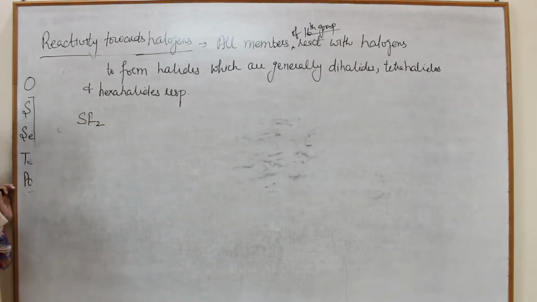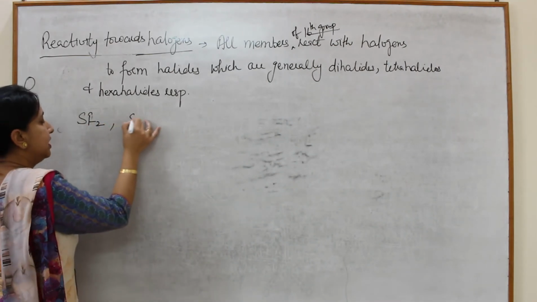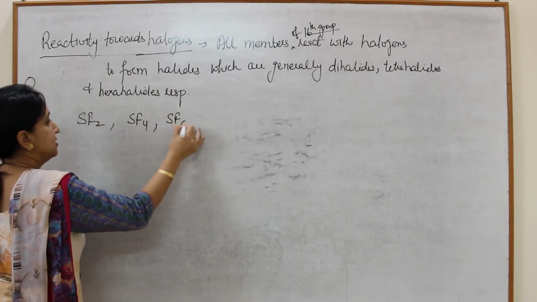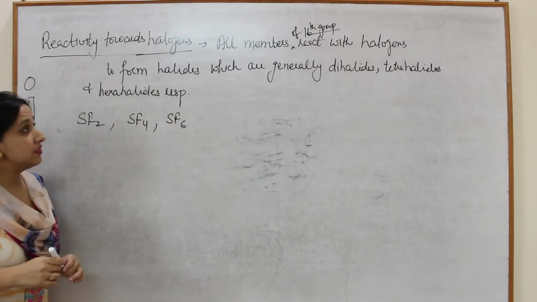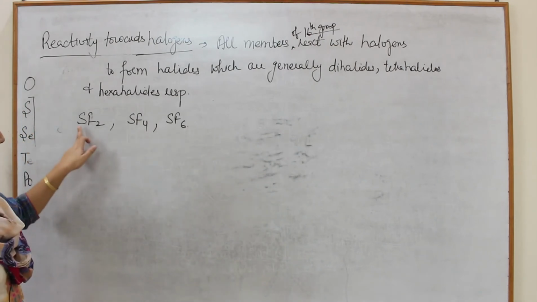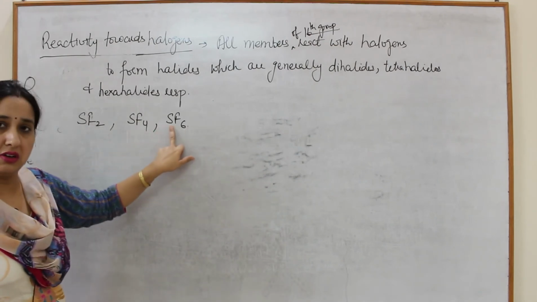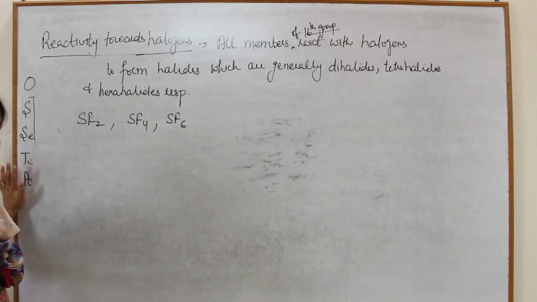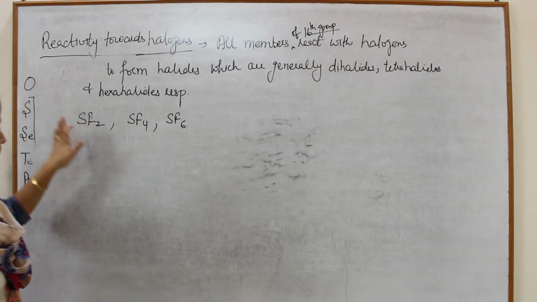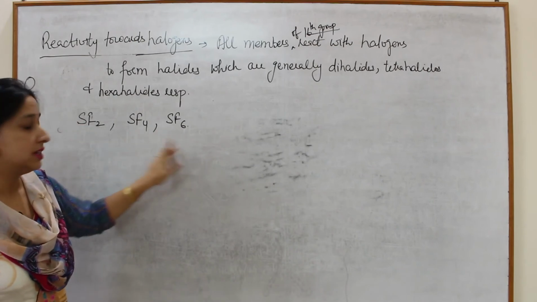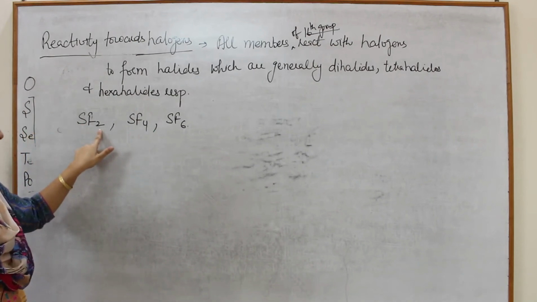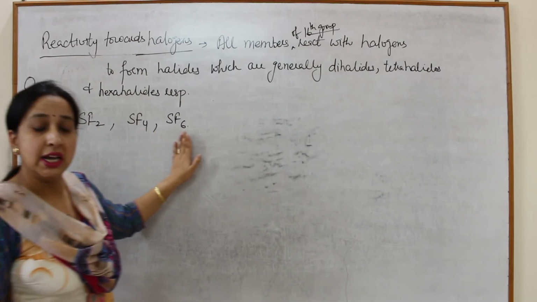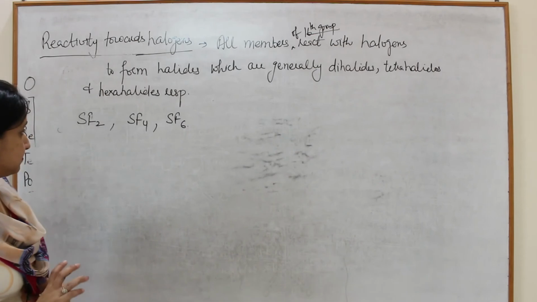For example, SF2, similarly it can form tetrahalides, SF4 and hexahalides. Reaction with halogens are more important for the sulfur only. We will discuss no example of 16th group except sulfur. This is sulfur difluoride, or you can say dihalide of sulfur, tetrahalide of sulfur and hexahalide of sulfur.